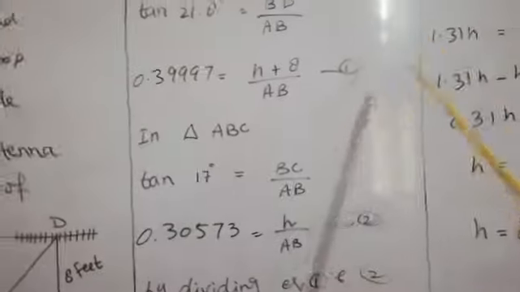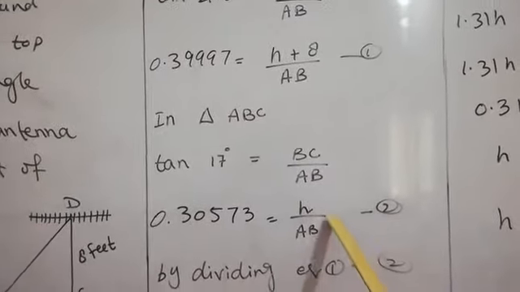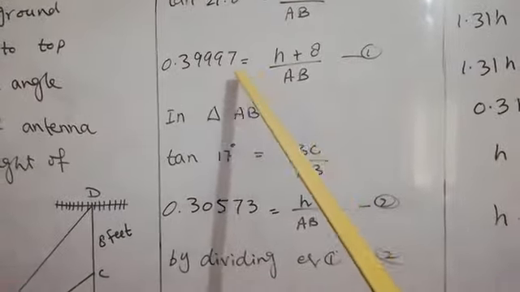By taking the value of tan 17 from the calculator, we find 0.305773. Now we have two equations, and you can see that AB is common. So we will divide equation 1 by equation 2, right hand side by right hand side and left hand side by left hand side.